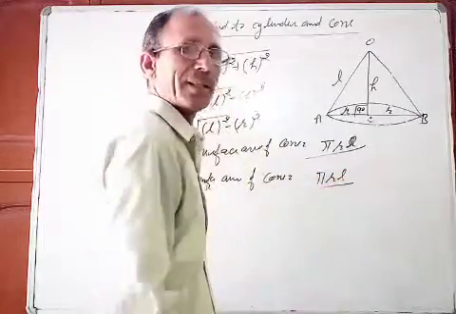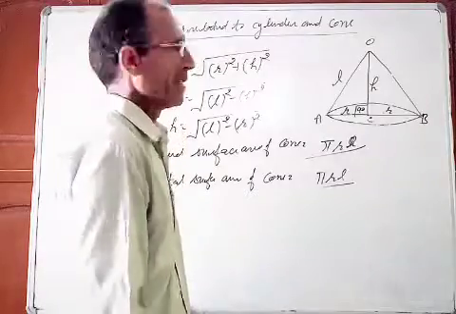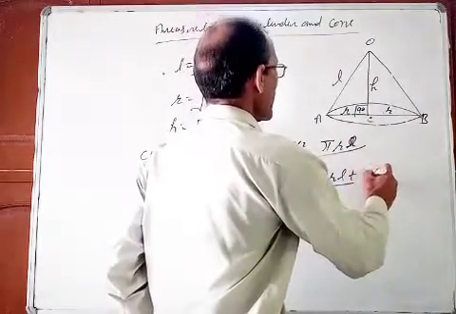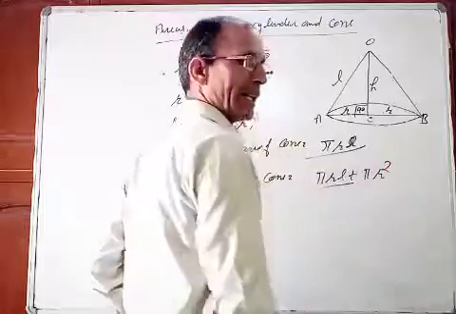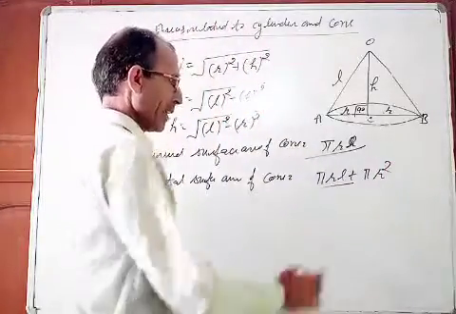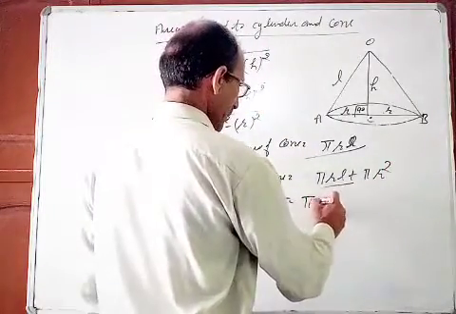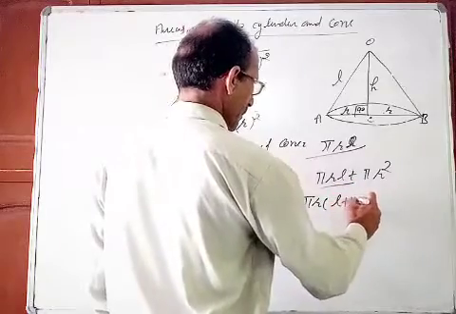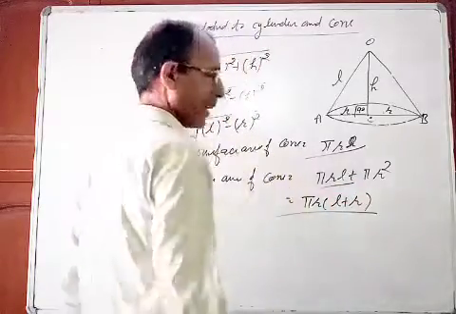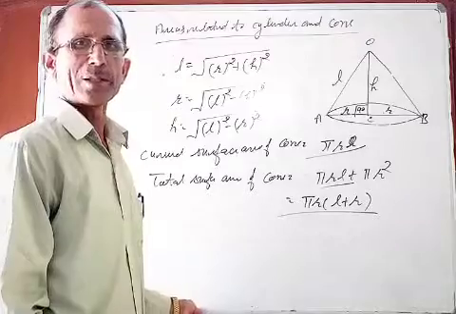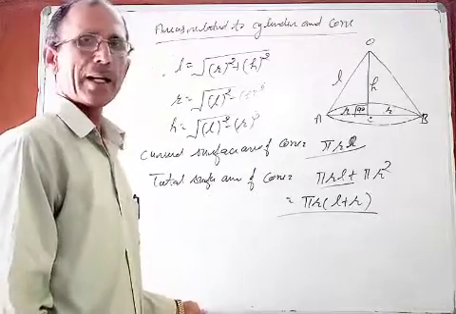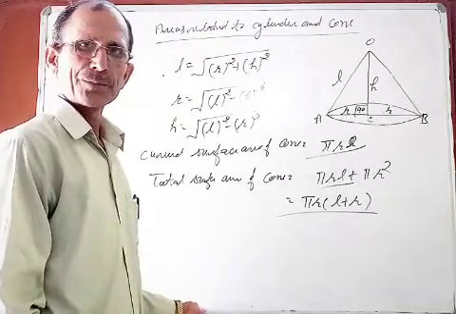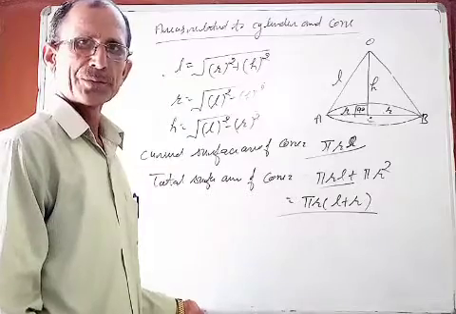Pi R L is lateral or curved surface area and base is circular. So base area is pi R square. Now pi R is common. So pi R into L plus R. So this is the formula for finding the total surface area of a cone. Any doubt, any confusion? Okay.